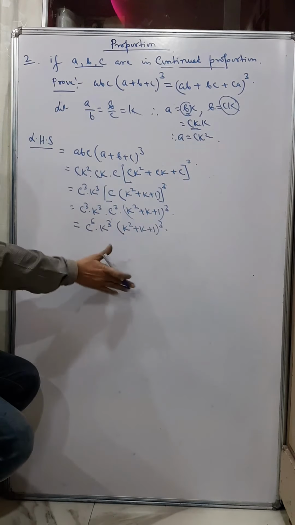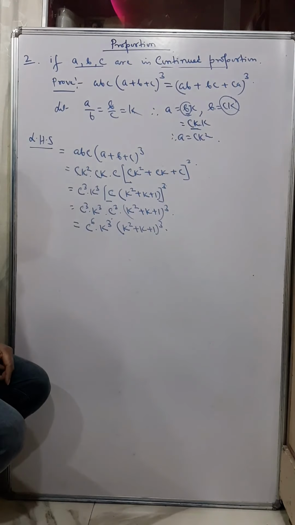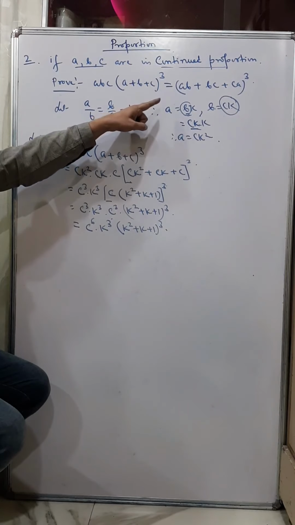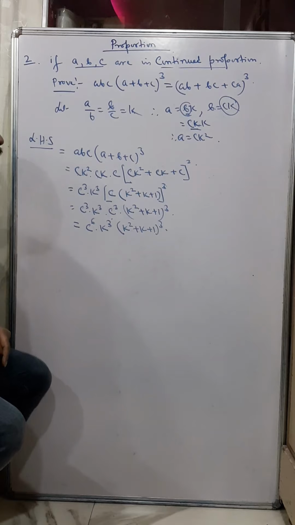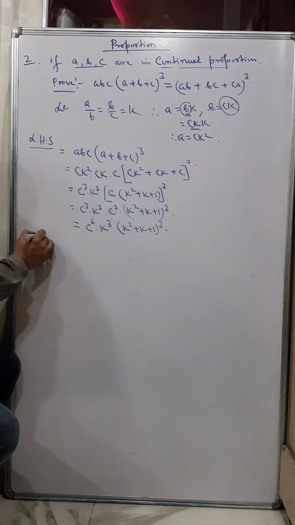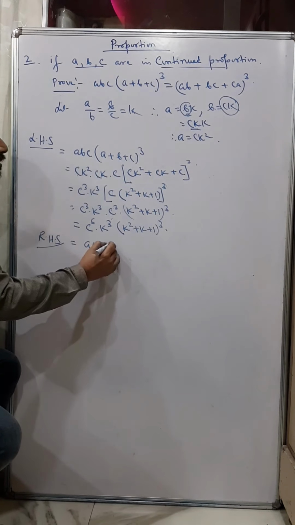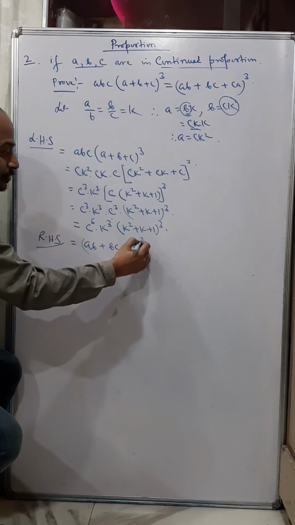Okay, so I can't simplify more, so I will leave it in this way. Now when I solve the right hand side properly, again I'll see that the LHS and RHS values will be the same. Okay, so see RHS is this: ab plus bc plus ca whole cube, right?